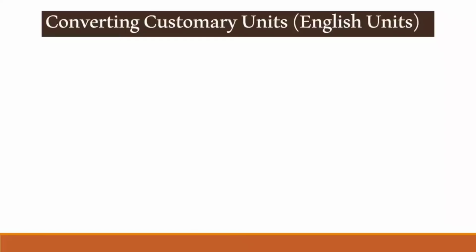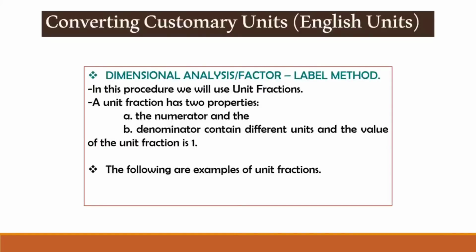For our discussion in converting customary units or English units, we will be using the dimensional analysis or factor label method. In this procedure, we will use unit fractions. When we say unit fractions, it has two properties: the numerator and the denominator contain different units, and the value of the unit fraction is 1.